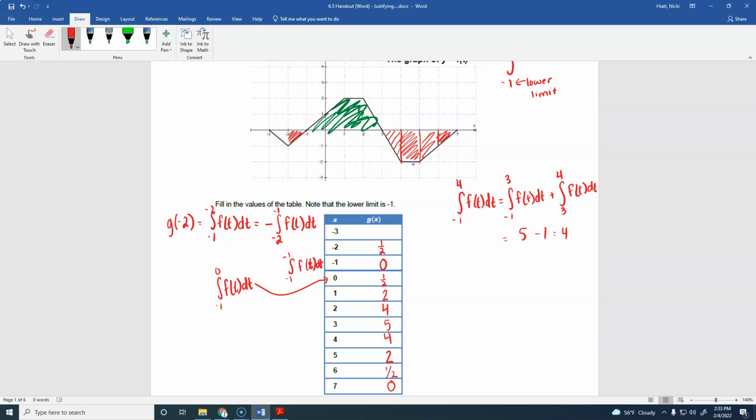So it's negative because it's below the x-axis, but then it turns to positive because when you're going backwards, it changes its sign. Because we started from this point right here, and now we're going back this way, and that changes the integral sign going behind the lower limit.